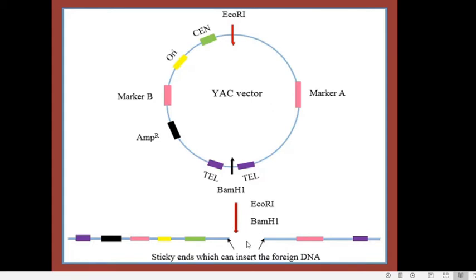Then you add ligase, and your foreign DNA will get incorporated. Now it will act like a chromosome with a linear structure, with our foreign gene inserted in between, and now you can transfer it into a yeast cell. So that is how you will do the cloning steps.